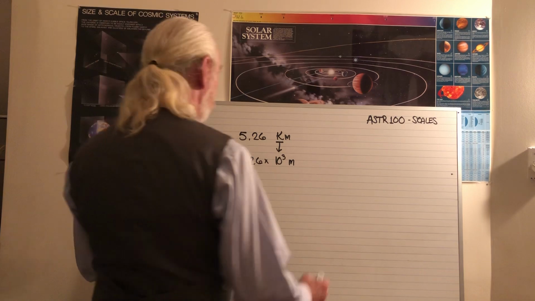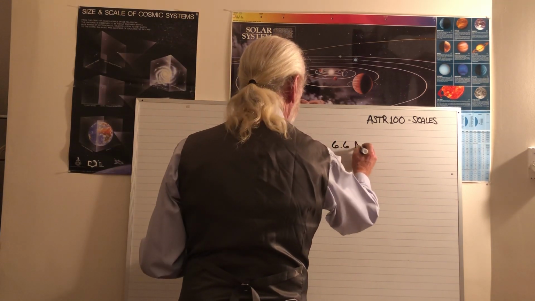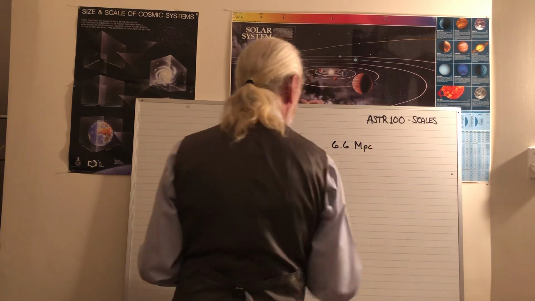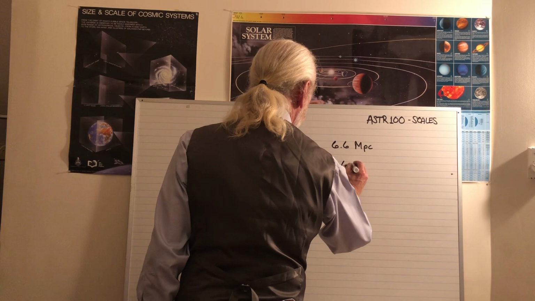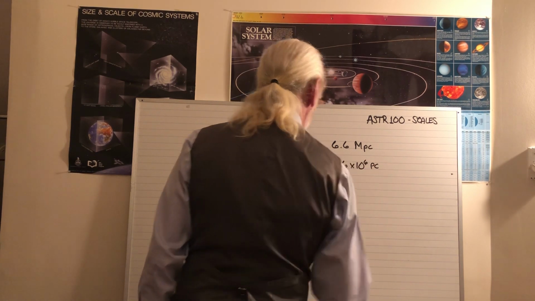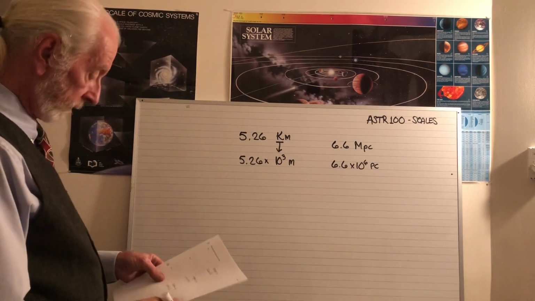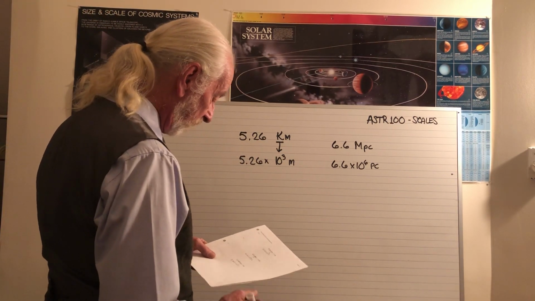Example number 2, 6.6 megaparsecs. Mega is 10 to the 6th, so that would be 6.6 times 10 to the 6th parsecs. Next, I have 3,345 kilometers.